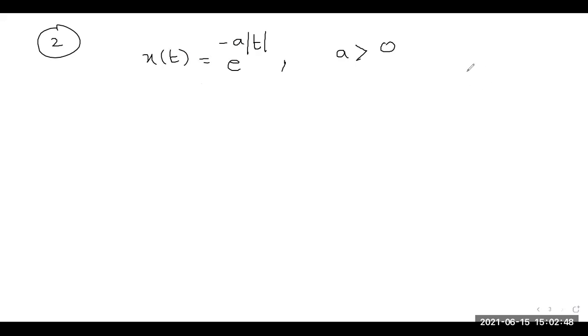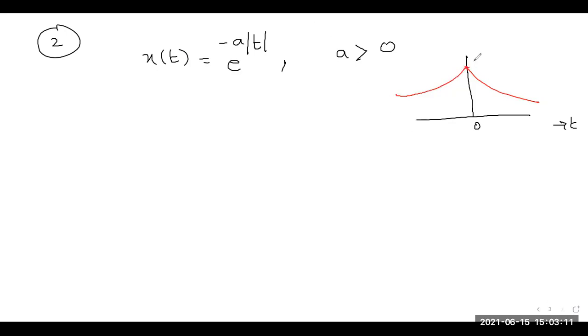So if you plot this signal as a function of time, you will see that this signal is a finite energy signal, because if you plot it for different values, so for positive values, you get this behavior, and for negative values as well, you get this behavior, exponentially decaying function.